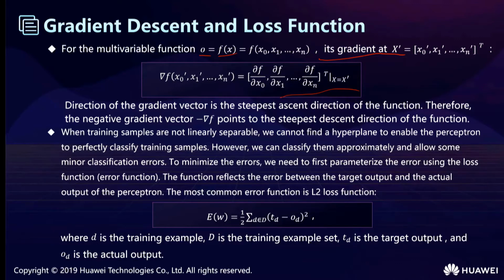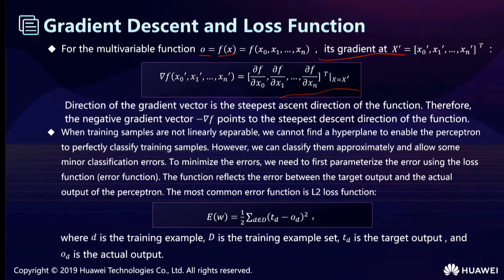This loss function has the following features: we use the weight vector as the independent variable, and use the sum of squares of the differences between the target output and the actual output of the training examples as the subject. There is a coefficient of 1/2.